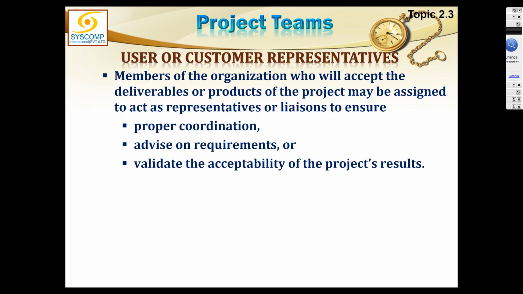Sometimes the customer may need to send his people to actually inspect the scope before the deliverable can be handed over. That is called user acceptance testing, but it is not necessary that it is always the customer person who is a member of that organization coming for the acceptance. Sometimes they just give you a checklist and you do the user acceptance testing by yourself.